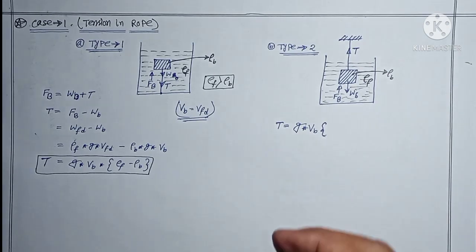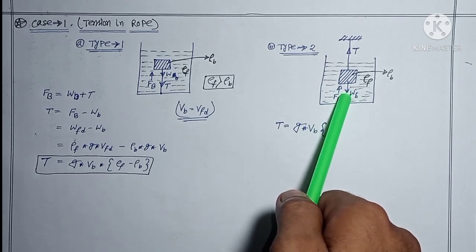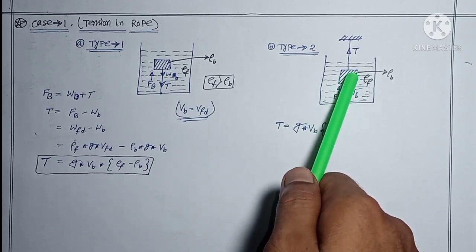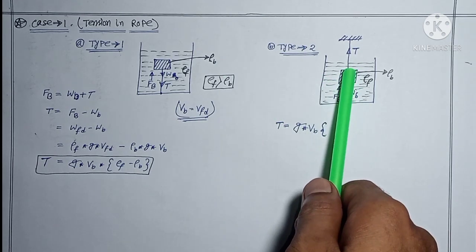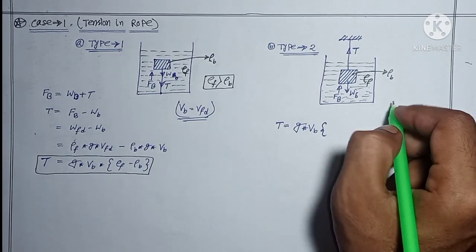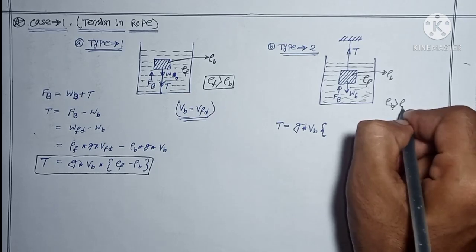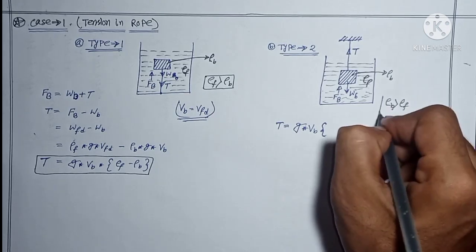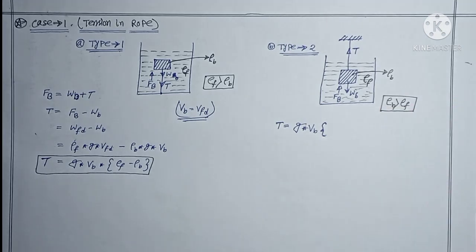Now let me tell you one thing. Here the body tries to go downward, which is why we apply tension with the help of a rope in the upward direction. This happens when the density of the body is more than the density of the fluid, so the body tries to go in the downward direction.